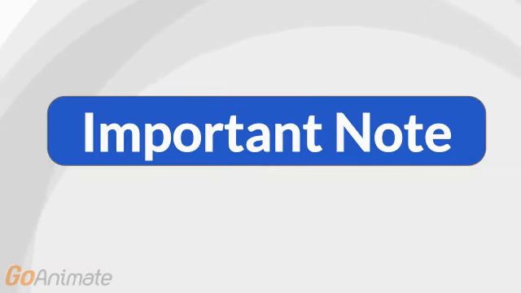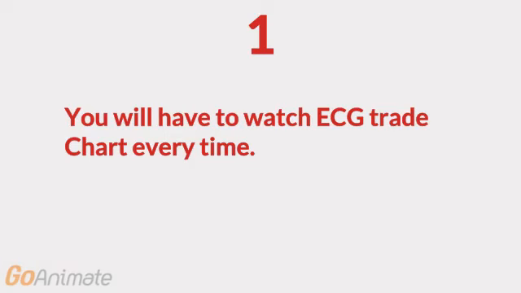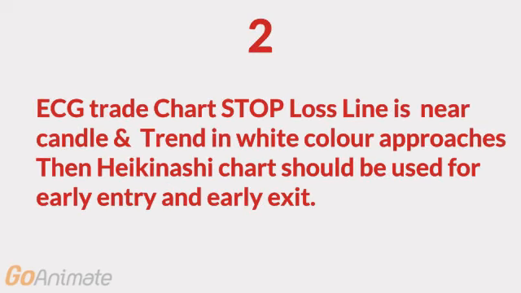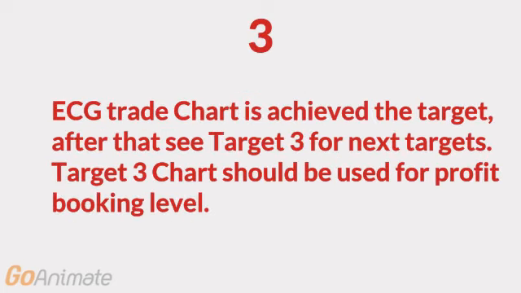Important points for trade. 1. You will have to watch the ecgtrade chart every time. 2. When the ecgtrade chart stop loss line is near the candle and the trend in white color approaches, then the Heikin-Ashi chart should be used for early entry and early exit. 3. When the ecgtrade chart target is achieved, after that, see Target 3 for next targets.